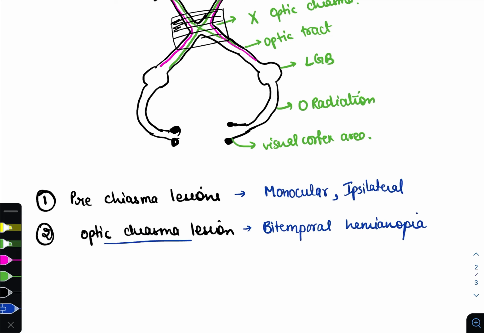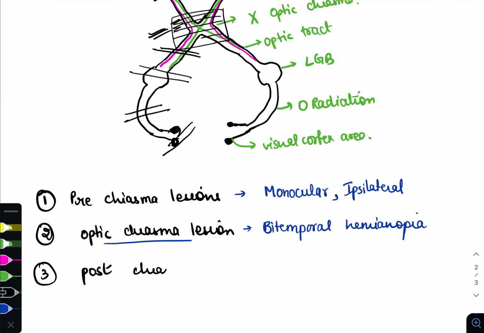After the chiasma, meaning post chiasmal lesions, what kind of features will we see? Post chiasmal means after the optic chiasma. If there is a defect in the lateral geniculate body, optic radiations, visual cortex, or optic tract, what kind of defects?